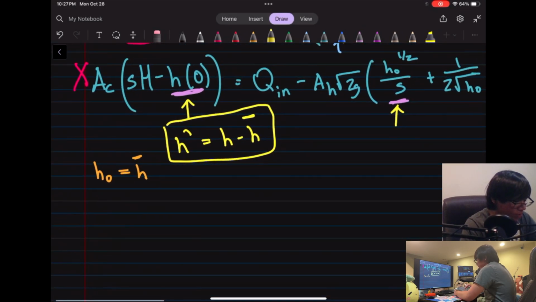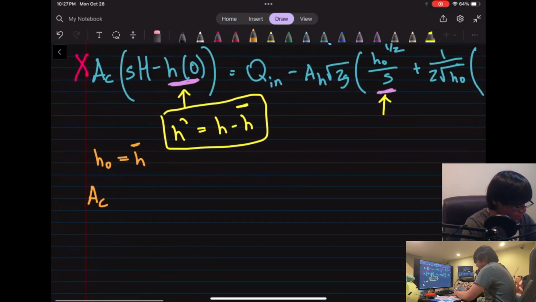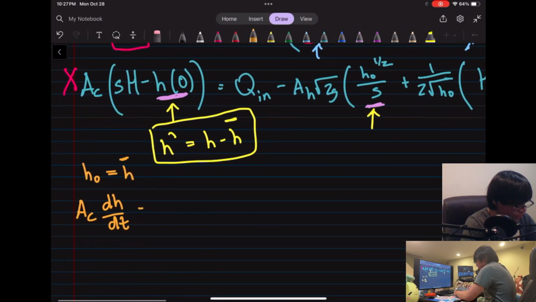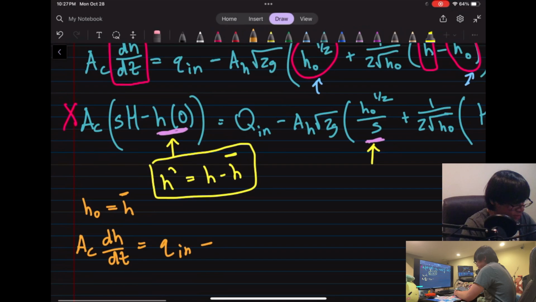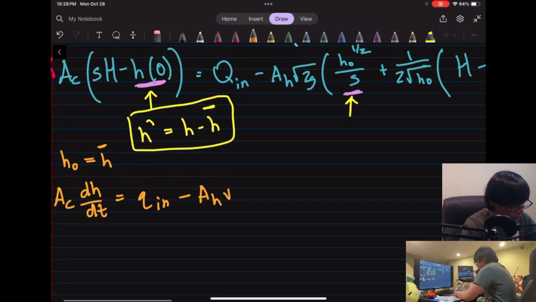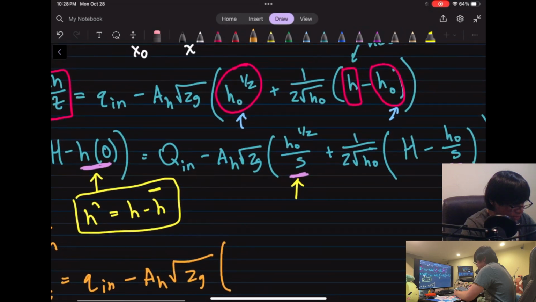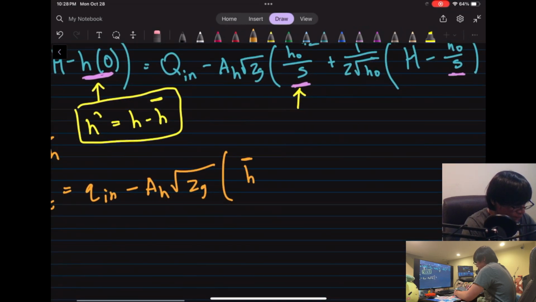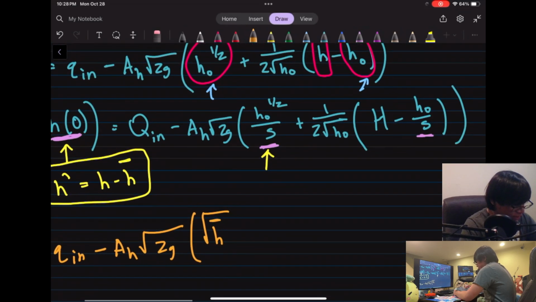So rewriting, we copy everything down from the top. This is dh dt. We have q in still. Most of this is the same. We're just changing our Taylor series expansion center point from the arbitrary h naught to h bar, representing our steady state values.